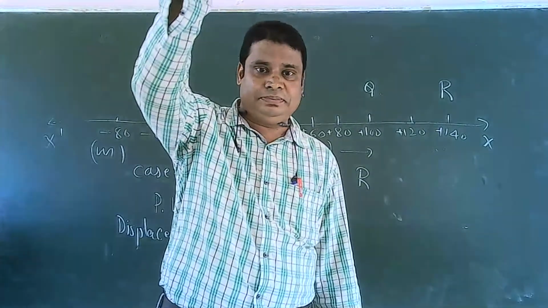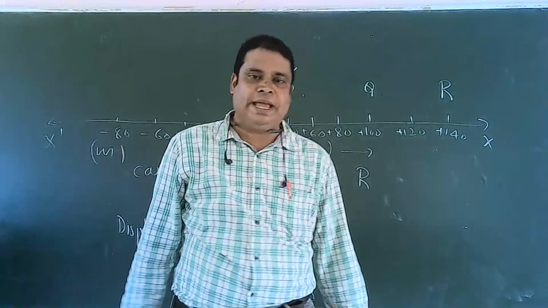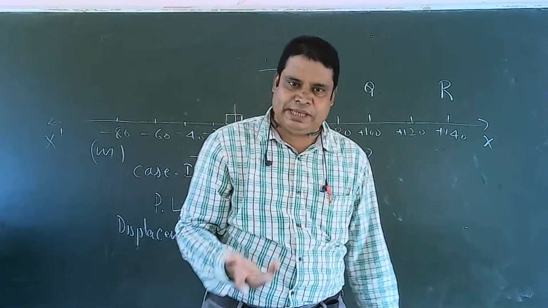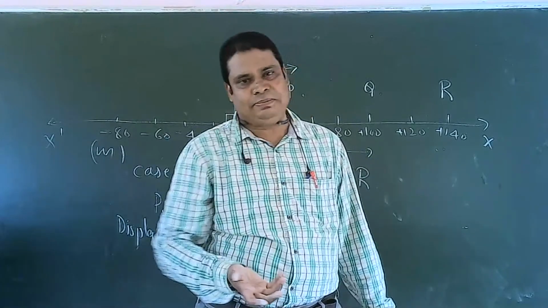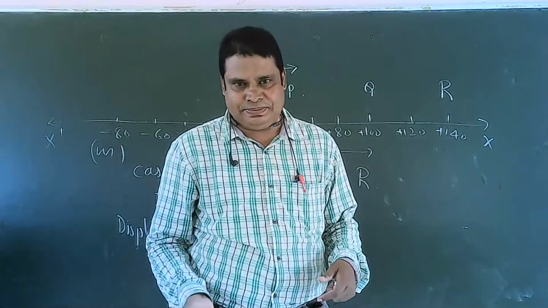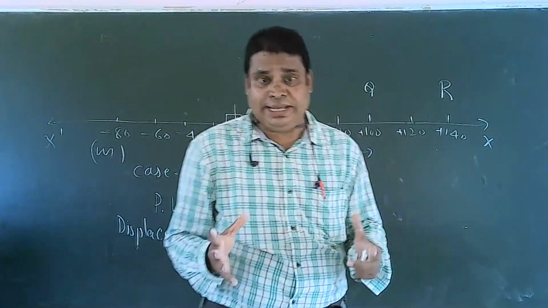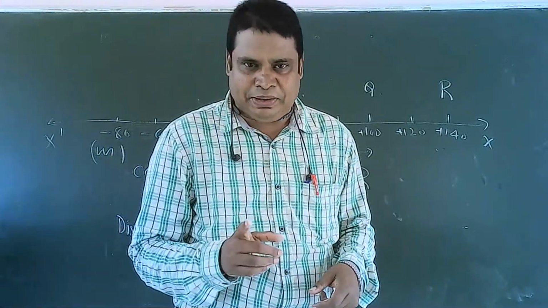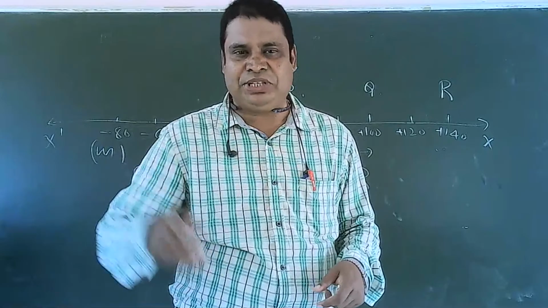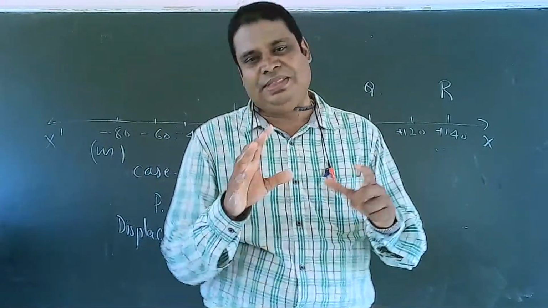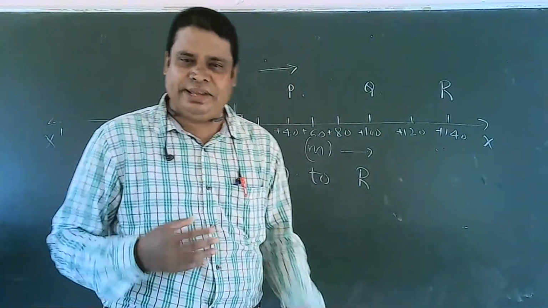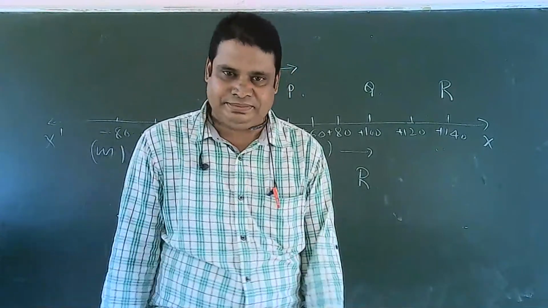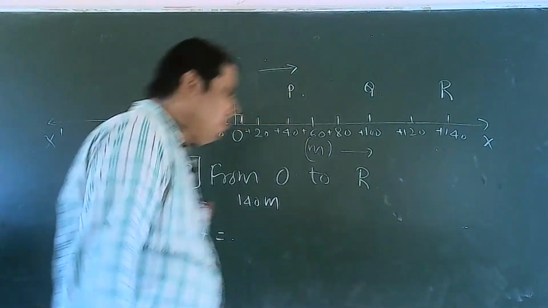If you drop some object from a certain height, then the downward motion is represented by some sign, say minus, upward motion, say plus, or you can interchange. Here, strict vector notations are not required, because motion is one dimensional. In one dimensional motion, plus and minus signs are enough to indicate direction. Hope you understand. Okay.